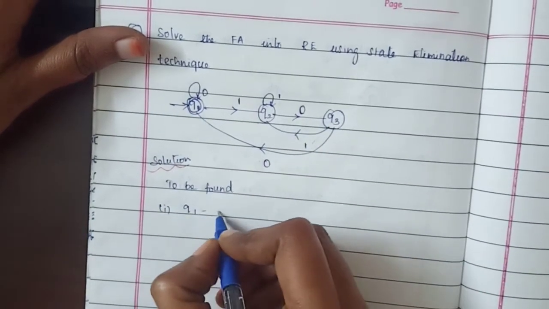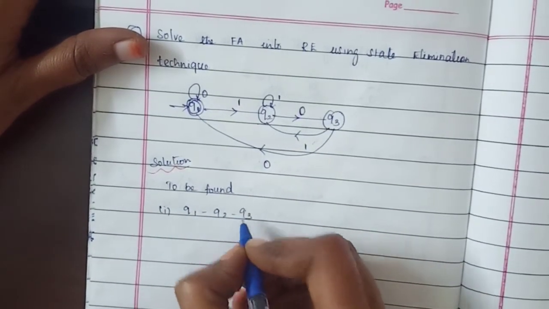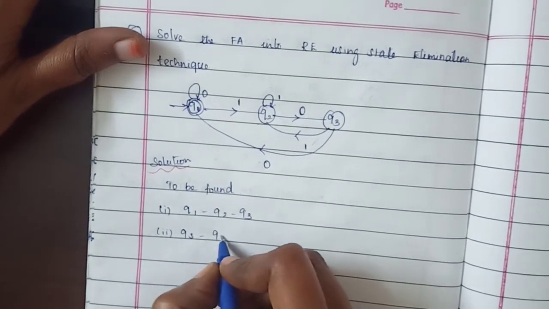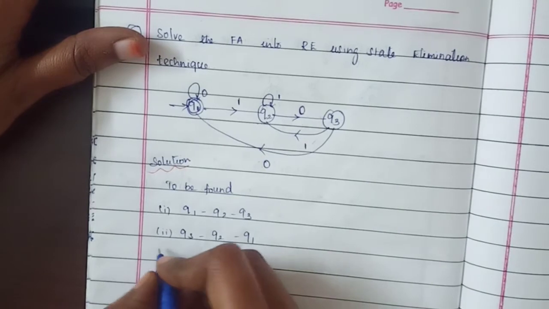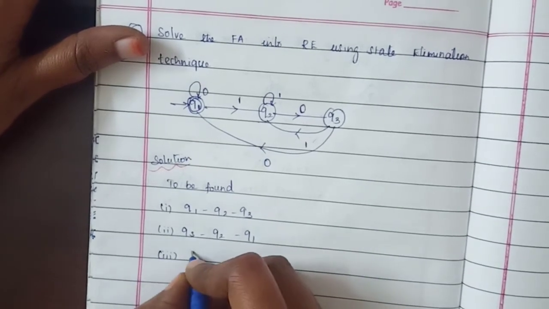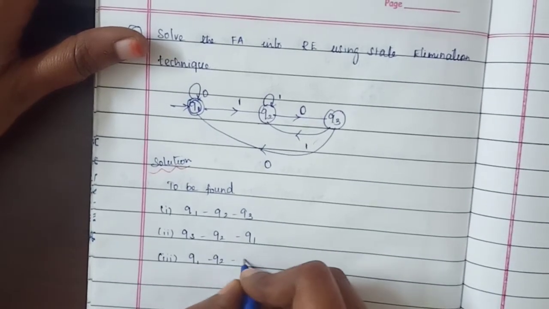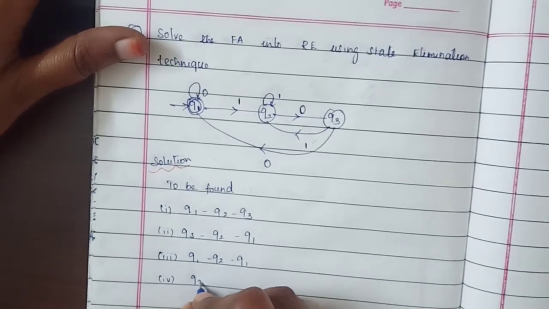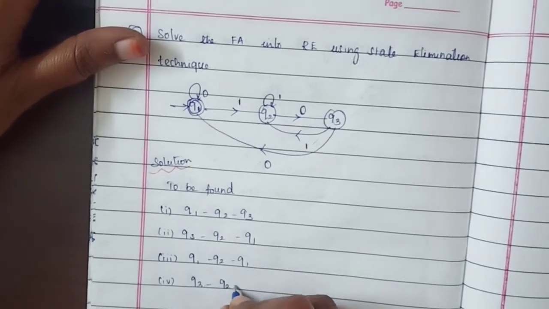The cases are q1, q2, q3; then q3, q2, q1; then q1, q2, q1; and then q3, q2, q3.